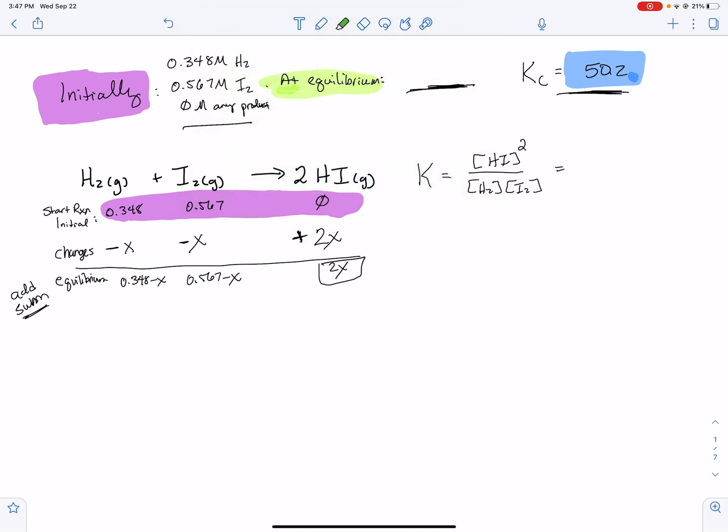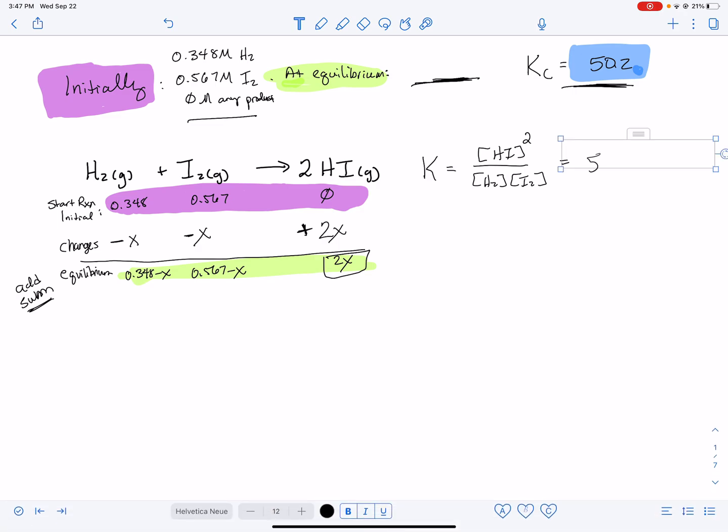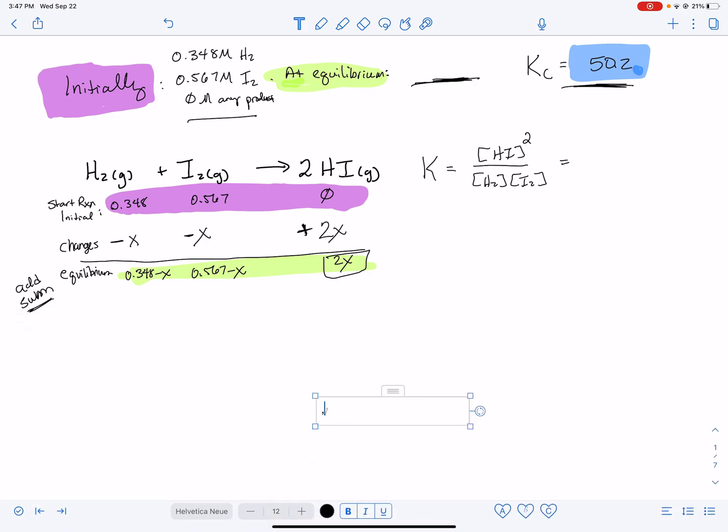Well, I'm trying to color code it again. Since I know what Kc is, this 50.2, I don't know why that popped up. I need it to stop. I'm just trying to write here. Okay, 50.2.